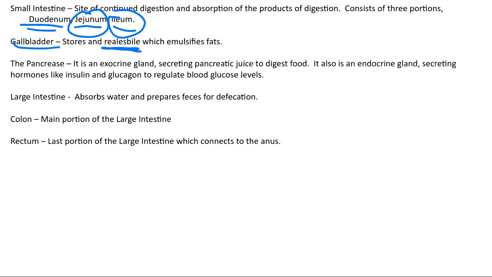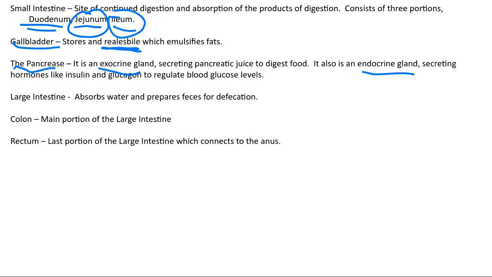Okay, then the pancreas. What for? Well, it's both an exocrine gland and an endocrine gland. So it secretes pancreatic juice for food digestion, and it also secretes hormones that regulate blood glucose levels, like insulin and glucagon.